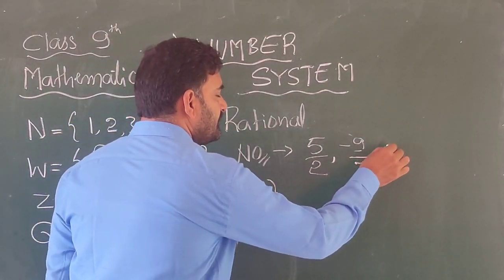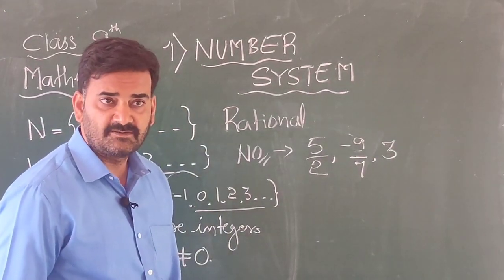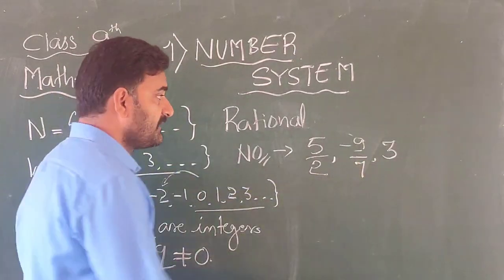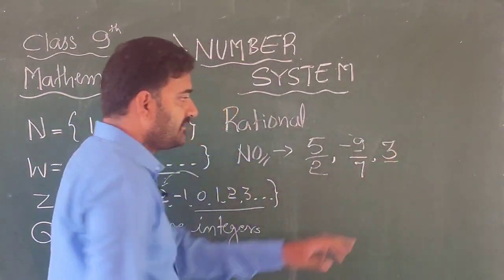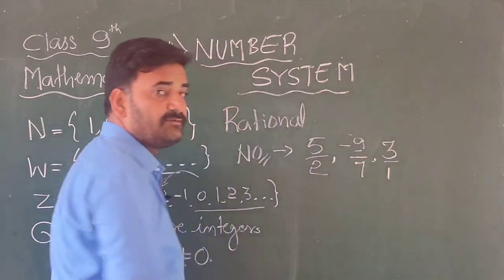Now let us say one more number, 3. Whether it is a rational number, yes or no. Yes, of course yes, because it is also in the form of p by q. Here the number 1 will be the denominator.